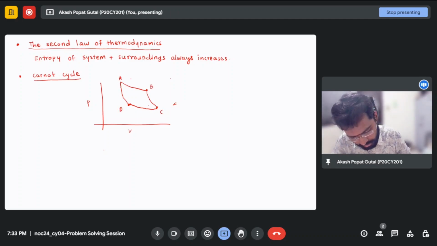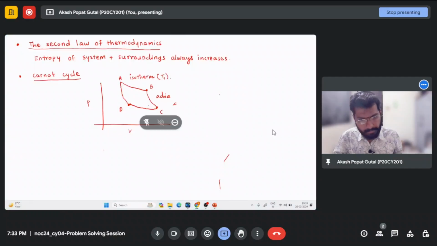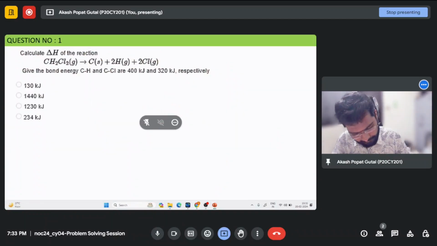So this is the isotherm. This is the adiabatic process. At temperature T1, this is an isothermal process.